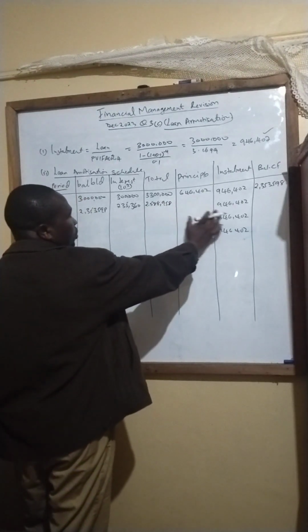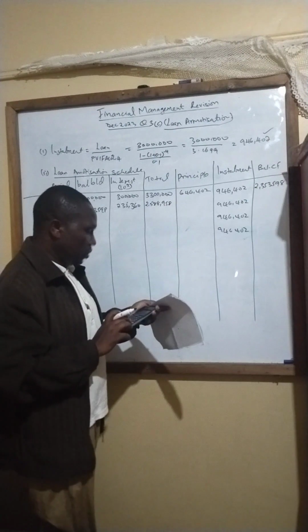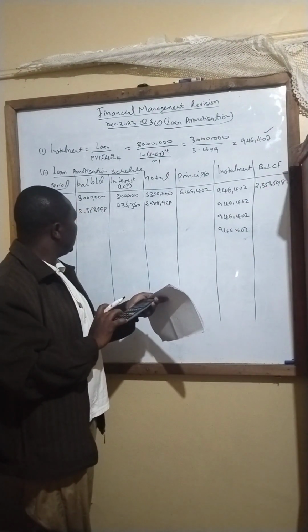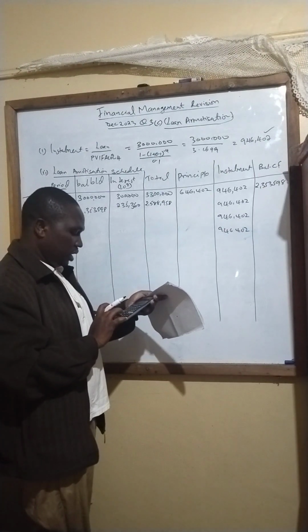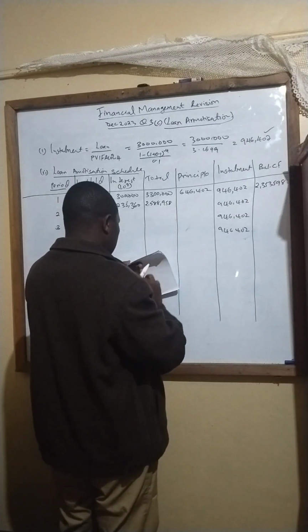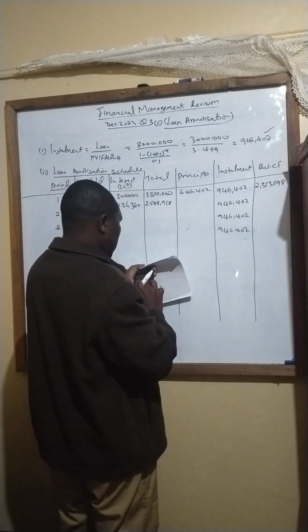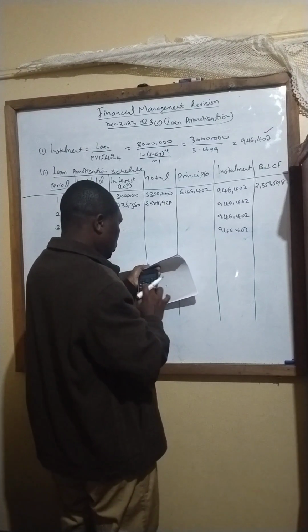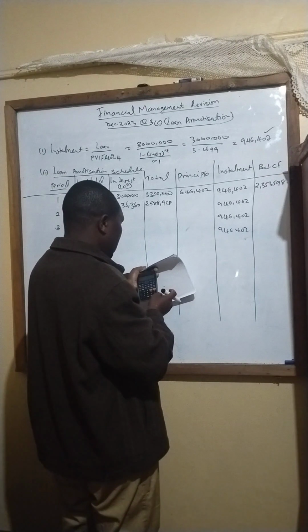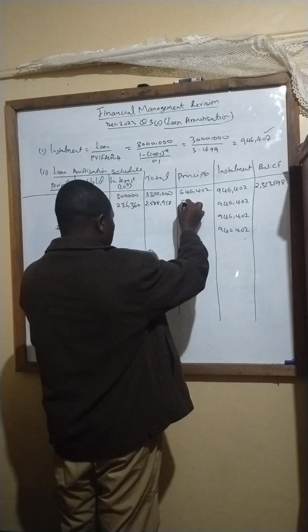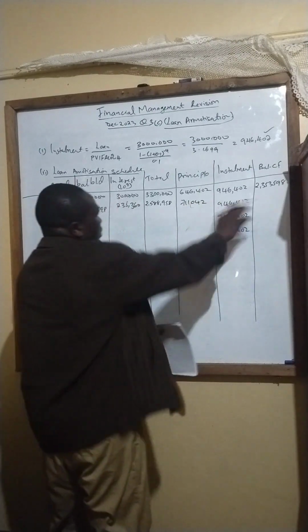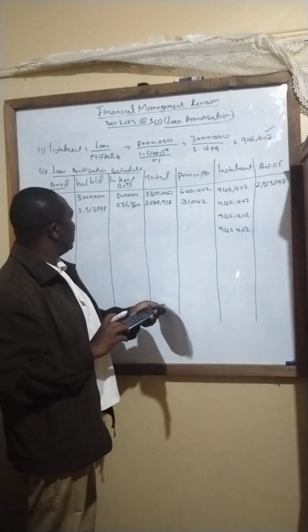For me to get the principal here, it will be this minus this. So I will take my 946,402 minus 235,360. So I'm getting here 711,042.